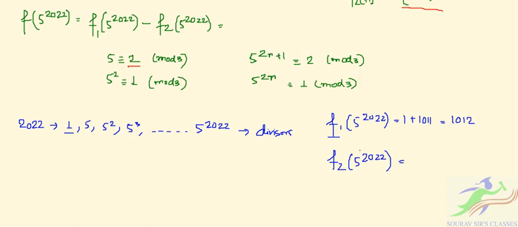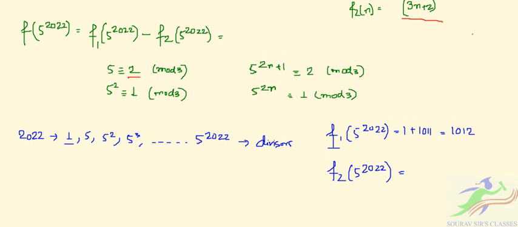Okay, so this f2 will be of the form 3n plus 2 if and only if the exponent 2n plus 1 is odd, right? This is the condition for f2.